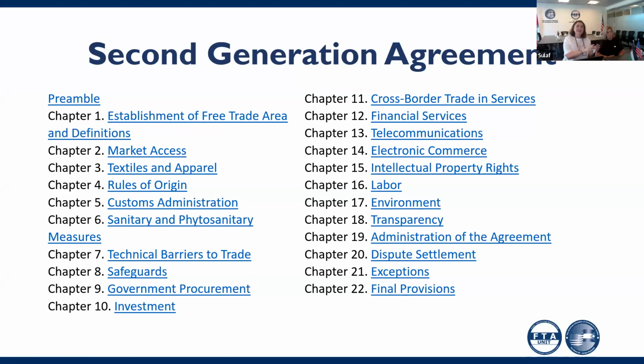Investment is added. Labor is an added thing. Environment is added. Technical barriers, safeguards: you see the remedies, safeguards are specifically dealt with. But when it comes to dumping and countervailing measures, they are incorporated by reference, and countries can use the WTO principles.